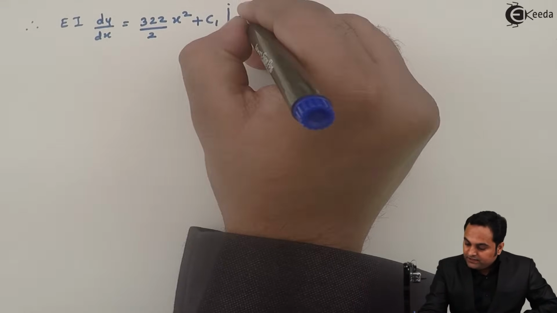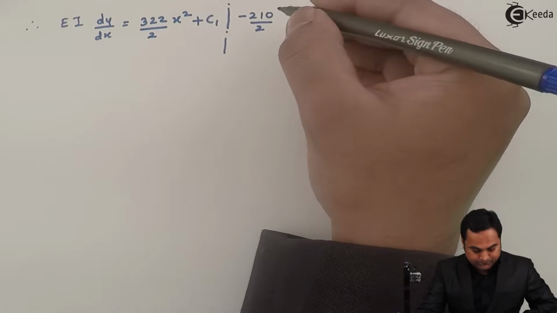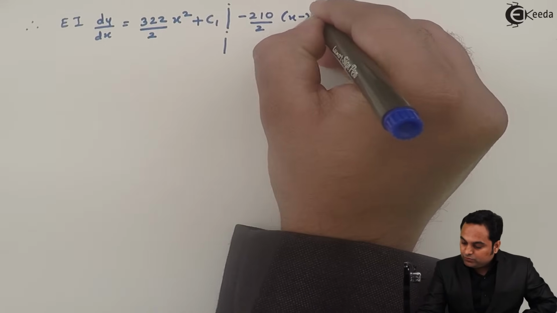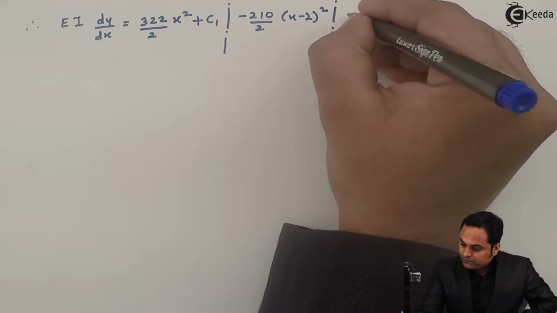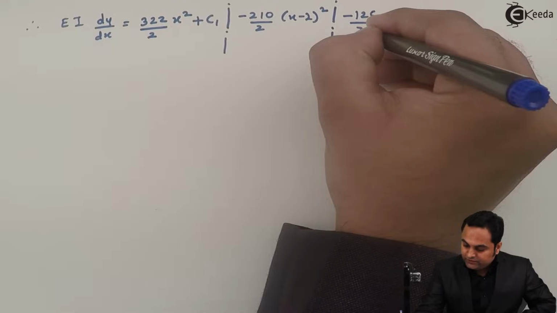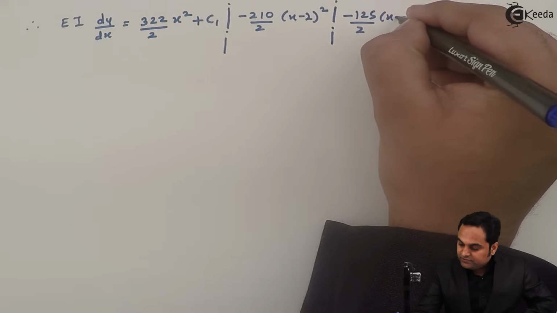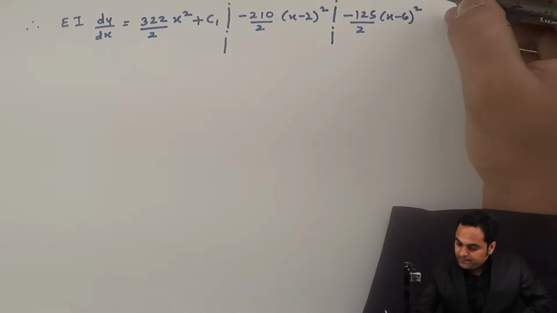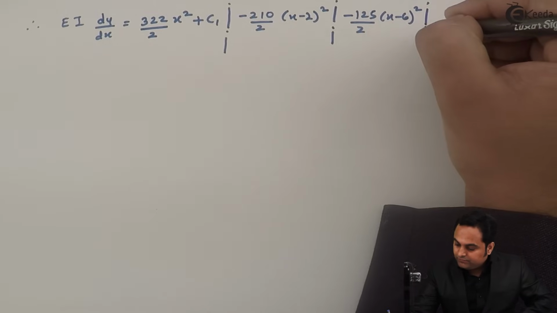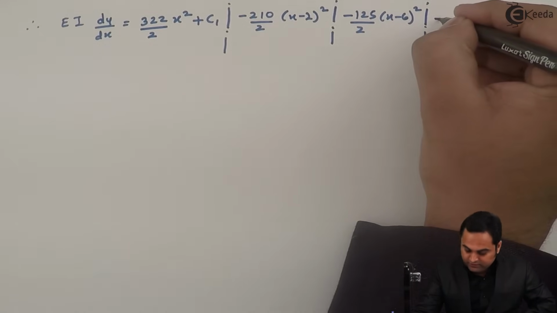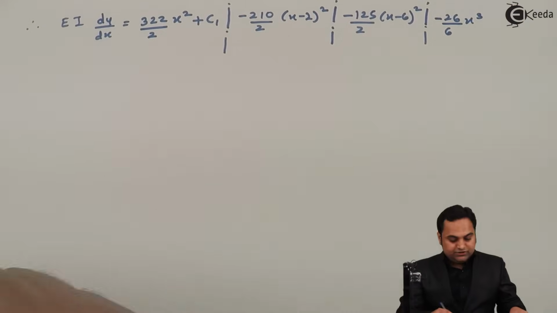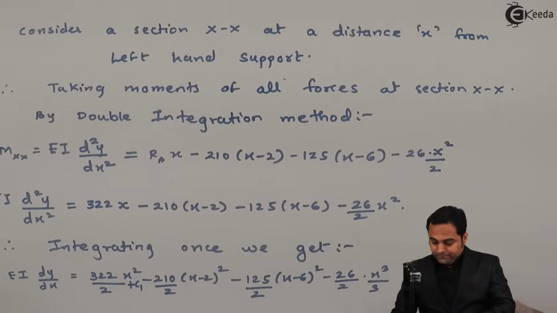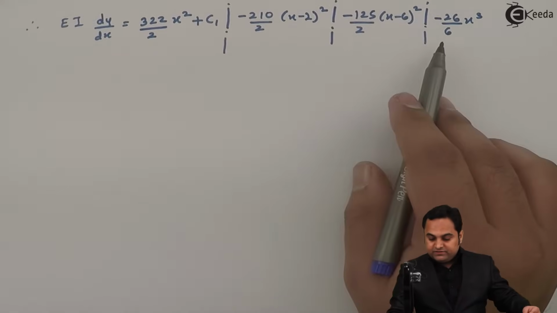Next, minus 210 by 2 into x minus 2 whole square, the second term, minus 125 by 2 into x minus 6 whole square, the third term, and at last minus 26 by 6 x cube, because I have multiplied 2 into 3, which gives 6.